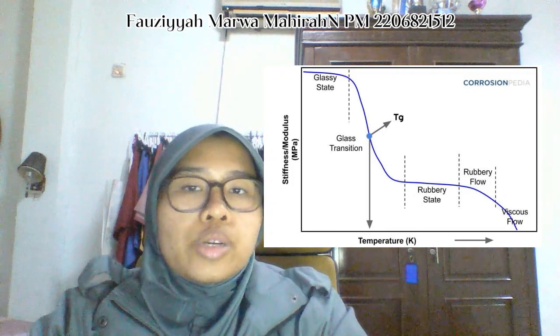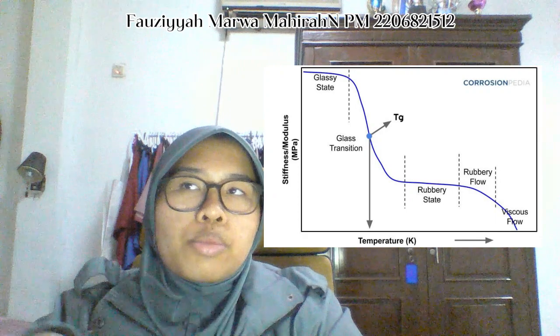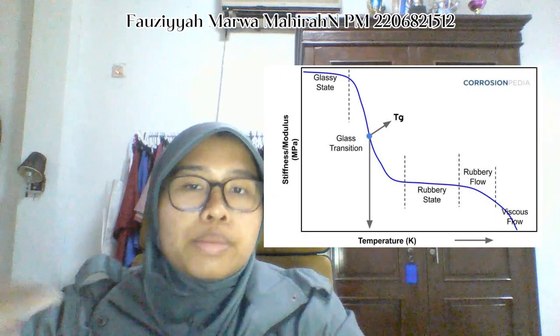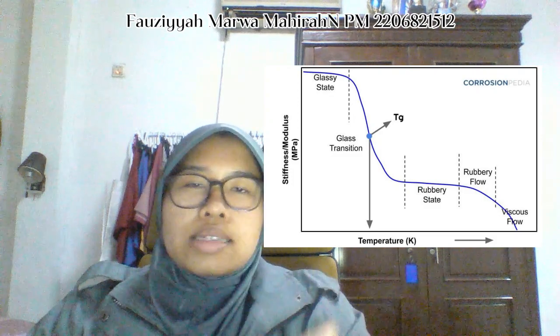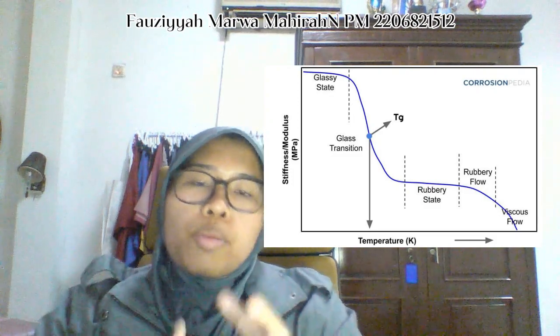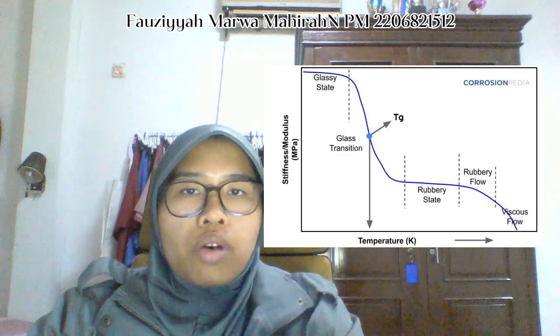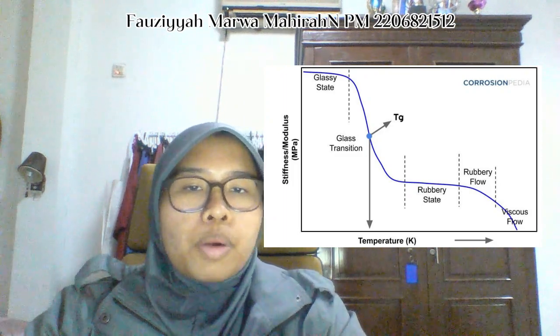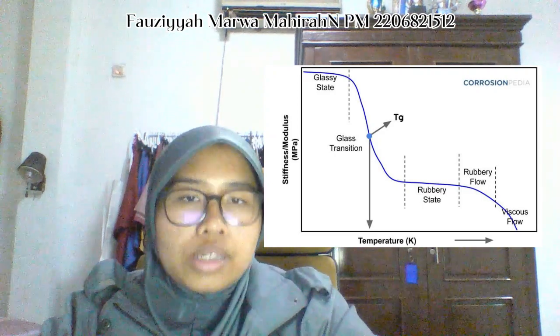Next is Tg, which is the glass transition temperature. Tg is the temperature where an amorphous or semi-crystalline polymer transitions from a brittle, glassy state to a rubbery or more flexible state. This marks the temperature range over which the polymer undergoes a significant change in its physical properties.